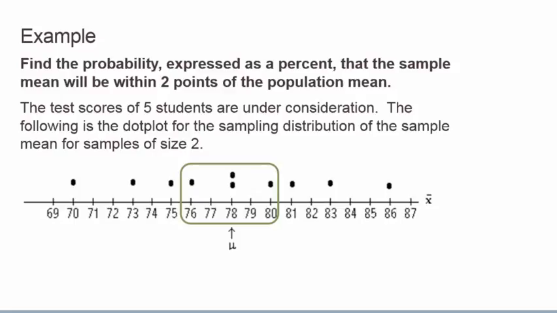We have 10 dots, and within 2 points of the population mean, we have 4 dots. To find that probability, we have 4 divided by 10, which is 0.4, which gives us 40%. So there's a 40% probability that the sample mean will be within 2 points of the population mean.